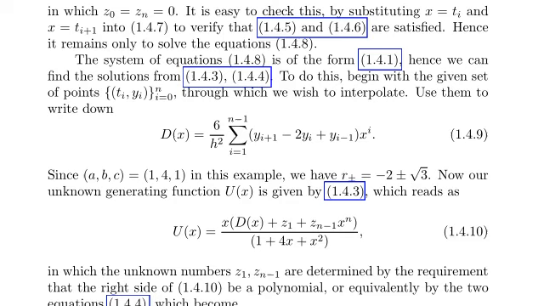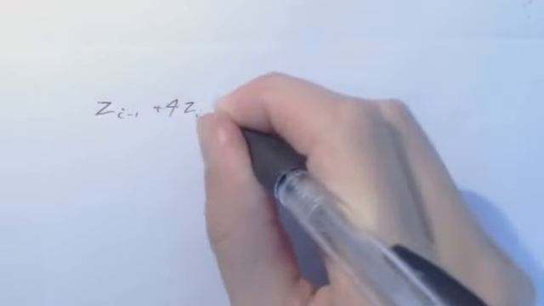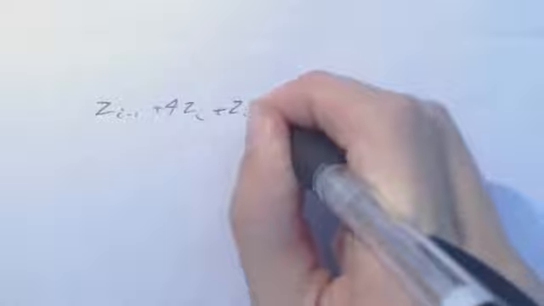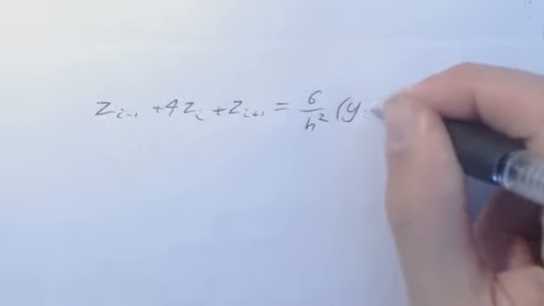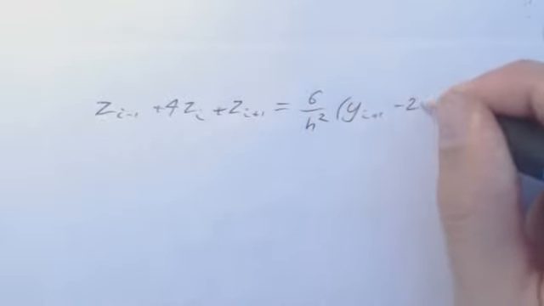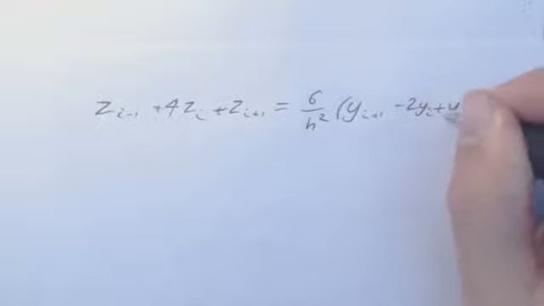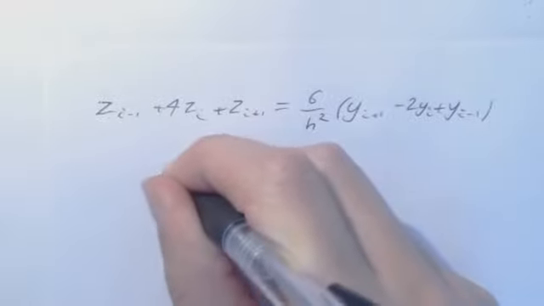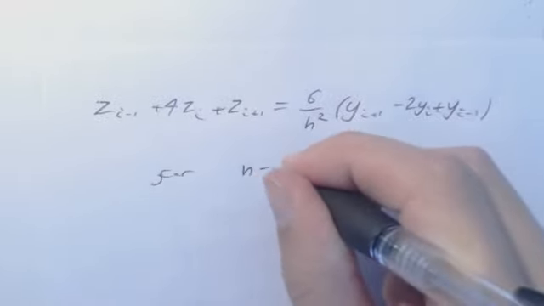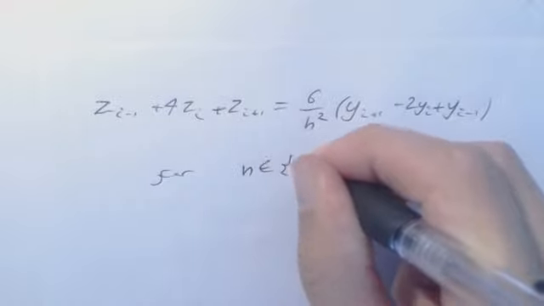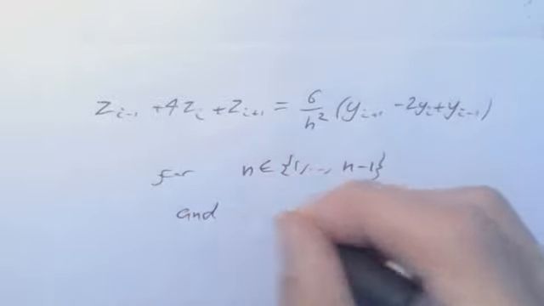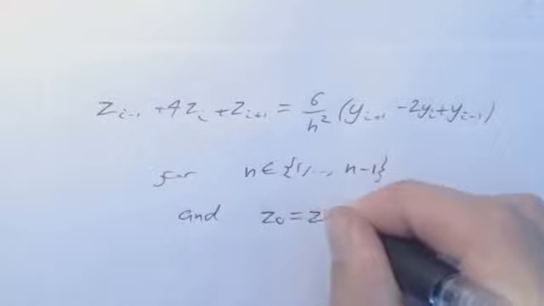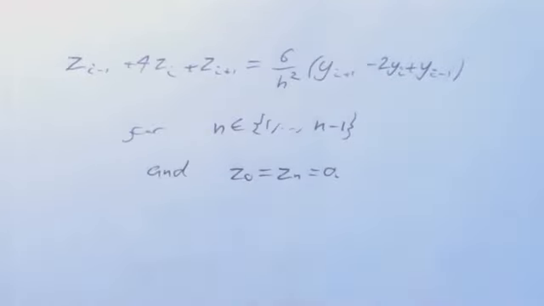And those were the simultaneous equations z_{i-1} + 4z_i + z_{i+1} equals 6 over h squared times (y_{i+1} minus 2y_i plus y_{i-1}) for i in the range 1 to n minus 1, and z_0 is equal to z_n is equal to 0.